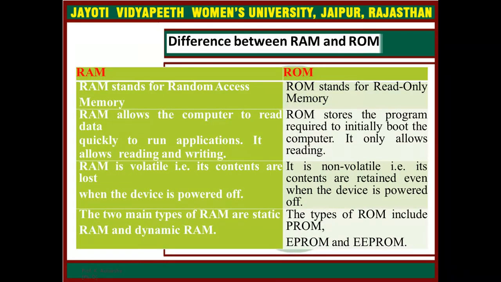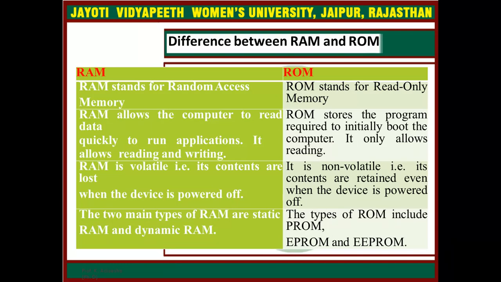Now see the difference between ROM and RAM. RAM stands for random access and ROM is read-only. RAM allows the computer to read data quickly to run applications. It allows reading and writing, whereas ROM stores the program required to initially boot the computer, and it only allows reading.